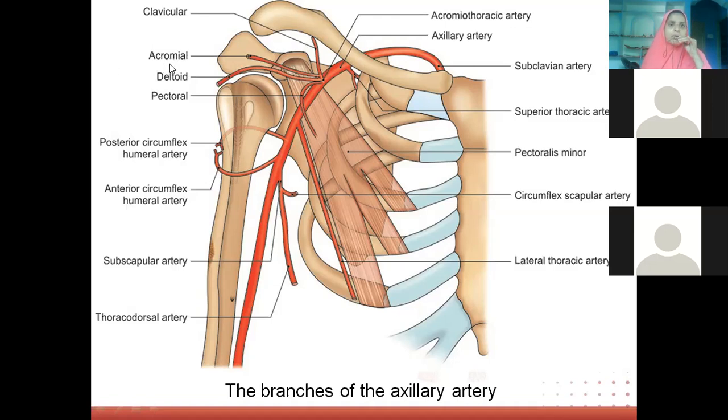That is about acromial. Now, the pectoral branch goes anteriorly and supplies the pectoral region, supplying the pectoralis major, pectoralis minor, and overlying skin and fascia. That is AP. Then C is the clavicular branch.